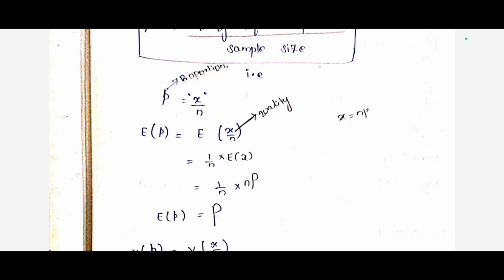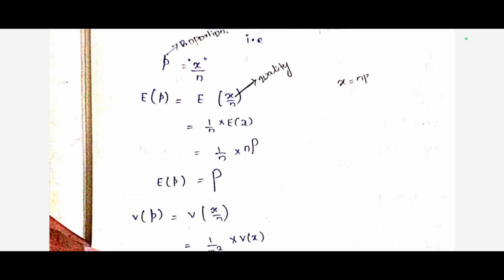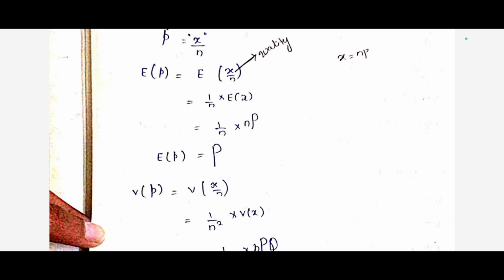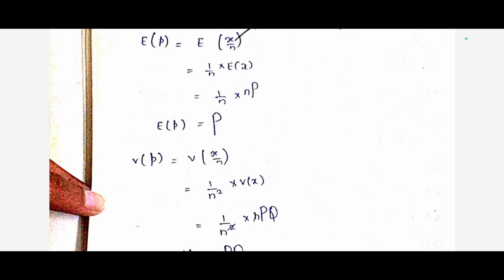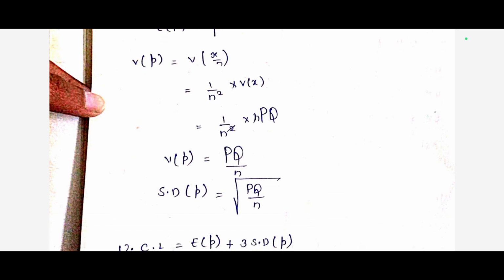Here, the expected value of p is the expected value of x divided by n, that is 1 by n times the expected value of x. Since x follows the binomial distribution, the expected value of x is n into capital P. So n gets cancelled, and it will be capital P. Next, the variance of the proportion p is the variance of x divided by n squared, that is 1 by n squared times the variance of x.